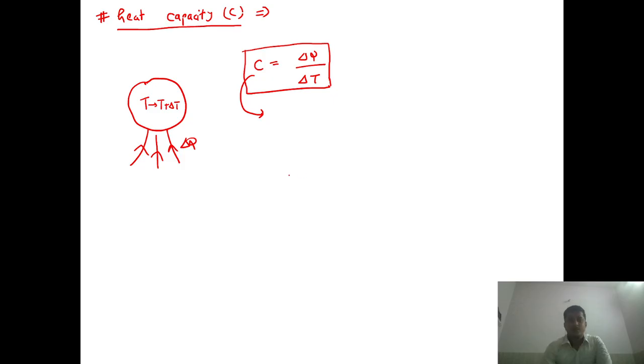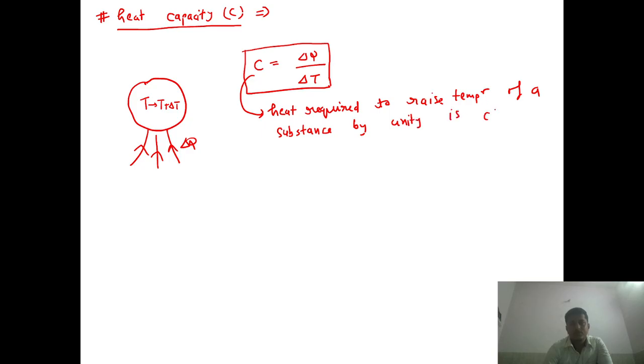We can also define it like this: the heat required to raise the temperature of a substance by unity is called the heat capacity of that substance.